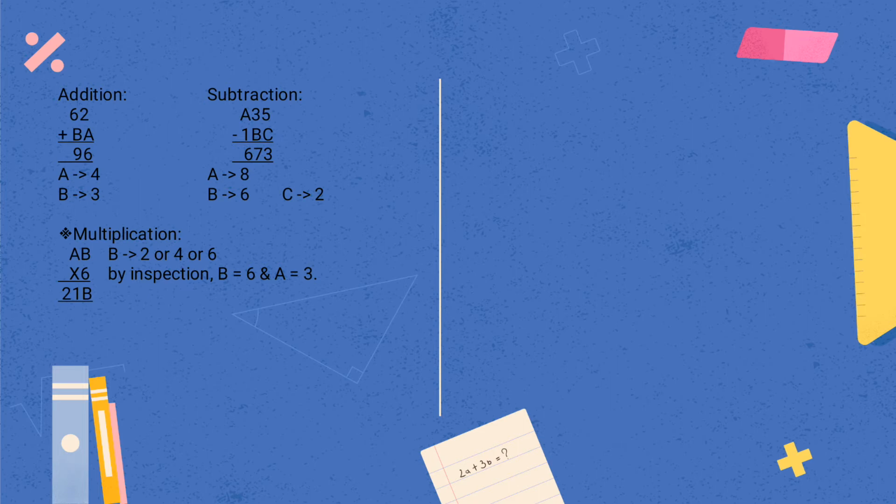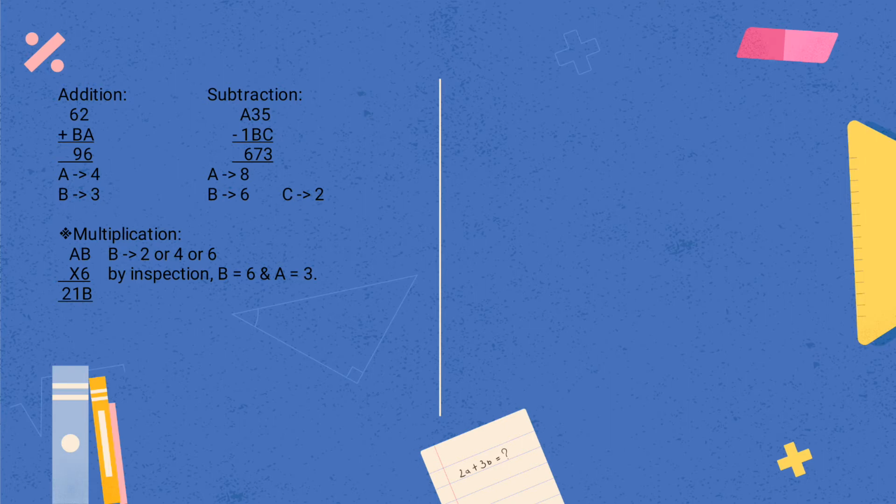Suppose we have to add 62 to some number whose tens place is B and units place is A, and the result which we are getting is 96. So what can be the value of A such that when 2 is added to that A, we get 6 in the units place?